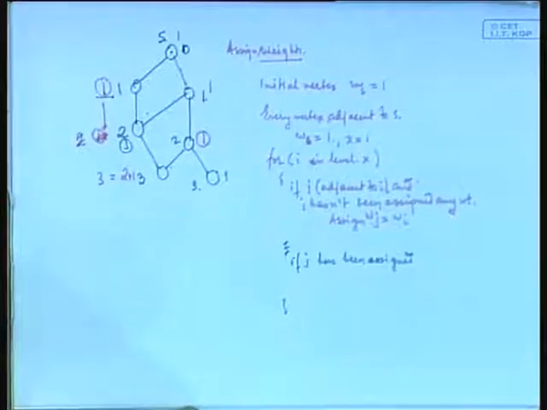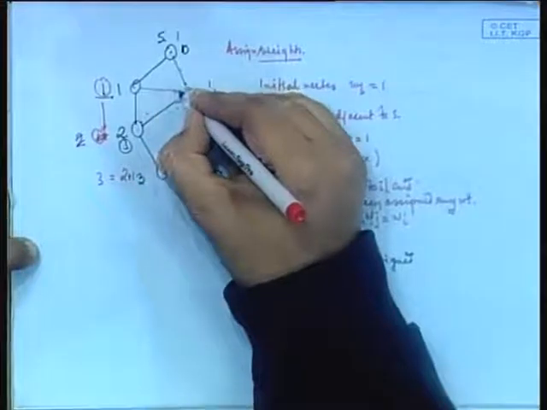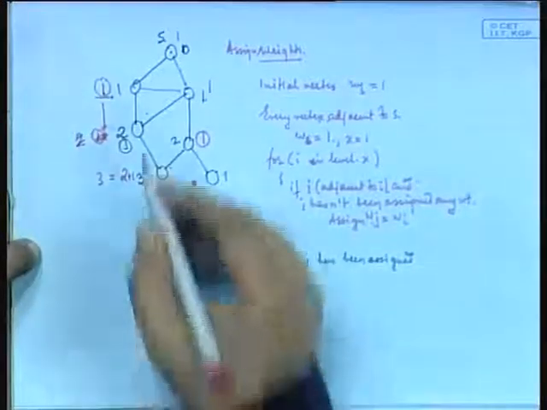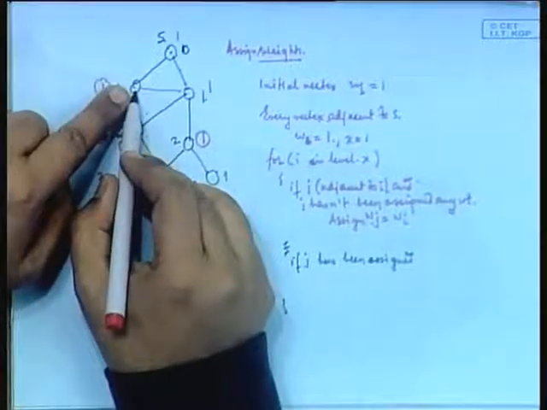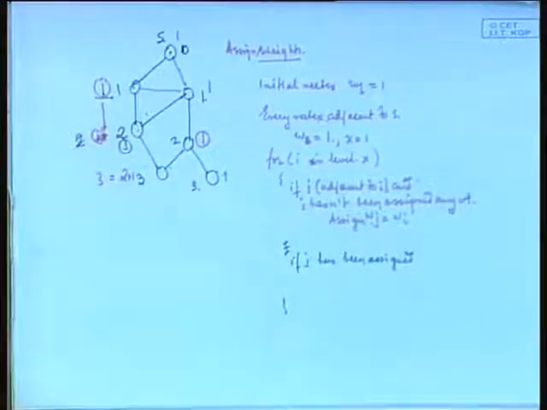If j is assigned, what can j be? See, j can be this one, j could also have been this one. So, what are the possible levels of j? What can be a possible level of j? No, it can be the same level as I, or one level more than I.